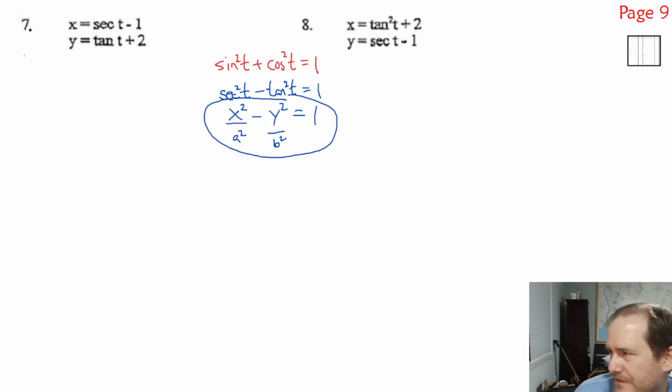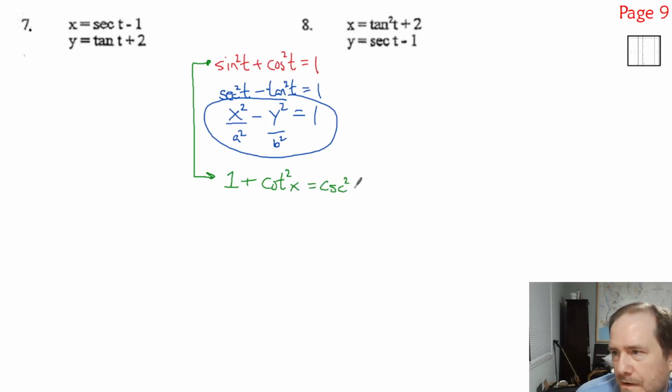While I have your attention to that issue, I should probably point out that it doesn't really have to be secant and tan. It could be the other functions that are kind of similar. Imagine if I started with this red Pythagorean identity, but I divided through by sine squared, then you would get 1 plus cotangent squared t equals cosecant squared t.